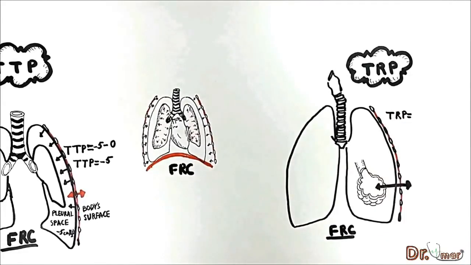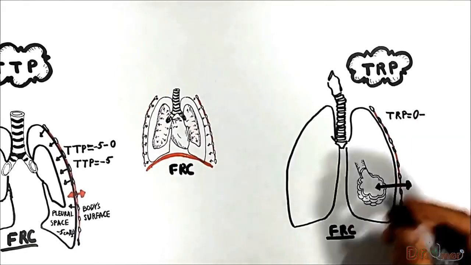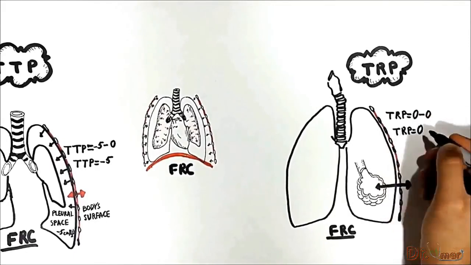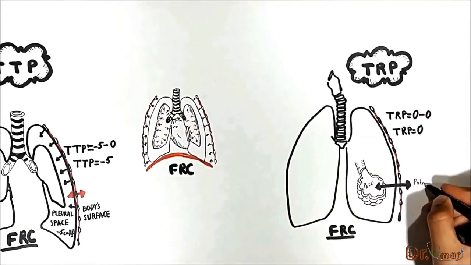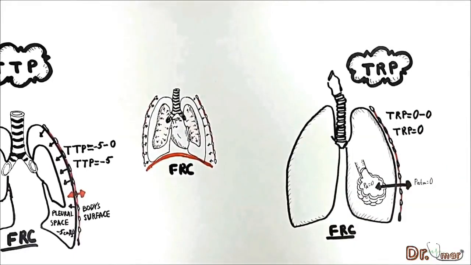At FRC, the alveolar pressure is 0. 0 minus 0 atmospheric pressure equals 0. This concludes that at FRC there is no force on the lung system to expand or deflate the chest and lung. This is why the FRC is considered the neutral or equilibrium state of the respiratory system.